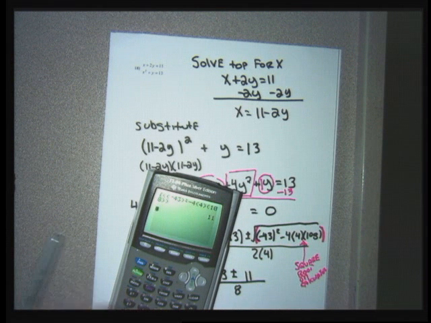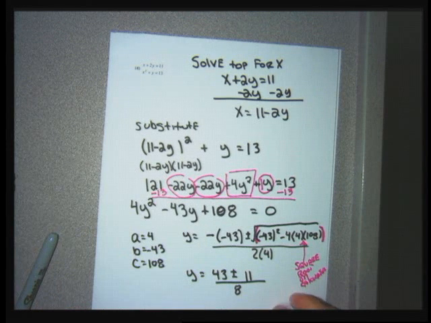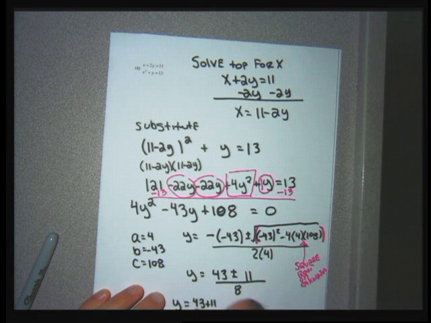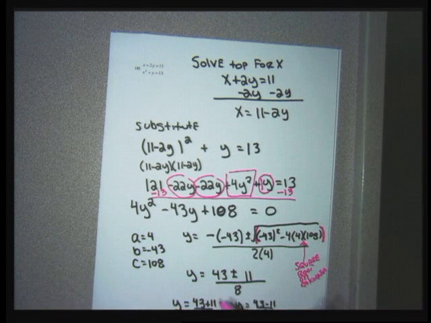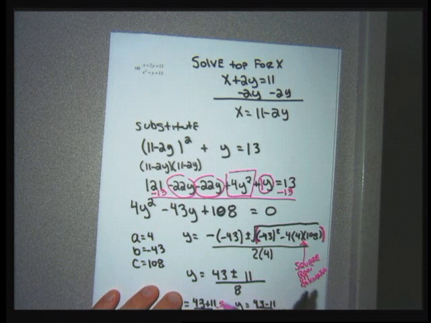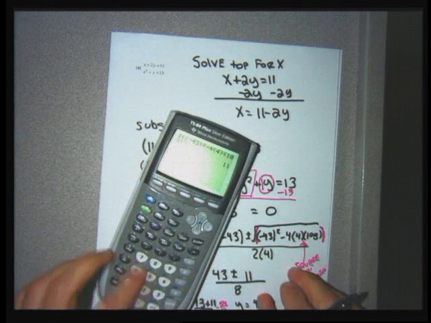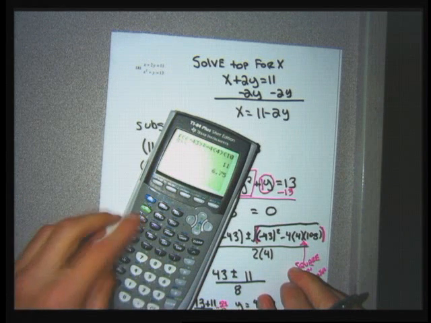That's probably preferred. So now, because the square root went away, I get the two problems that are implied, which is 43 plus 11 over 8 and 43 minus 11 over 8. The 43 plus 11 over 8 is 54 over 8, and I can reduce that, but I'll cheat. 54 divided by 8 equals, math, enter, enter.